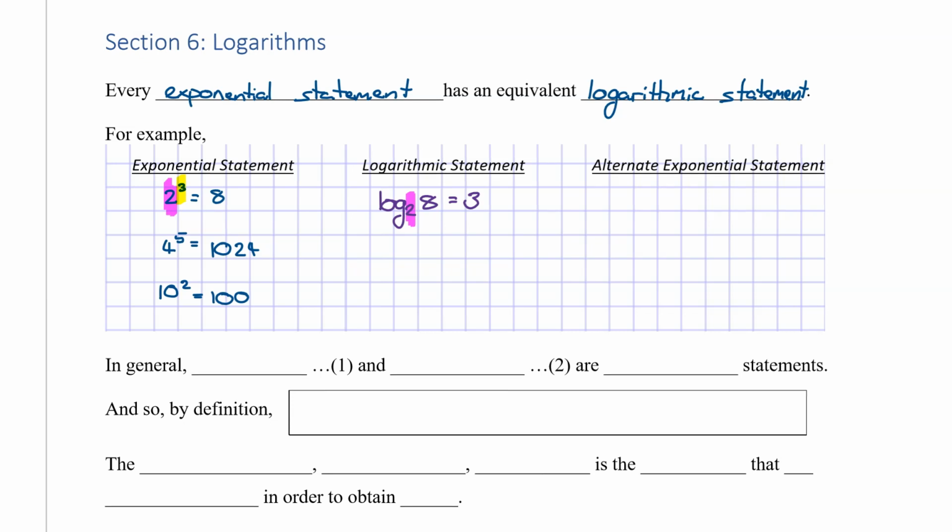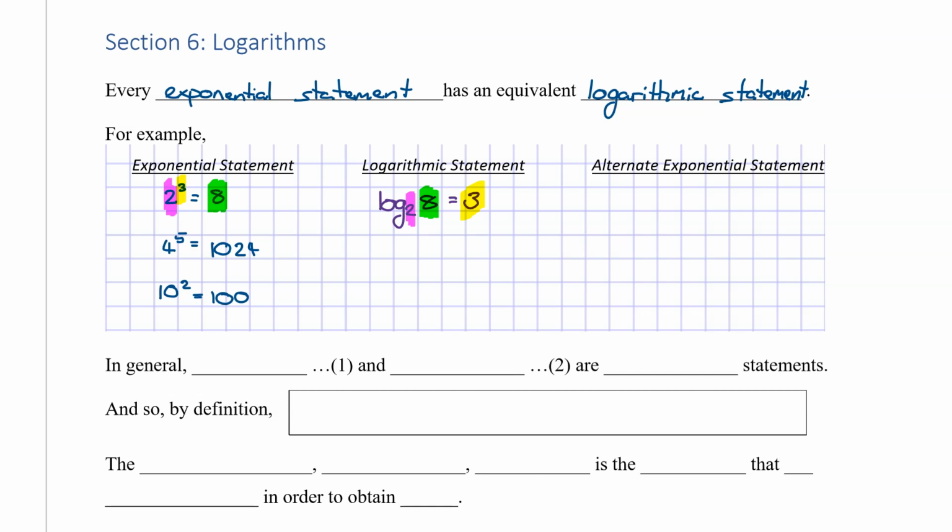This power, or exponent, or index, is now the result of the logarithm. And finally, the right-hand side of the exponential is what's been applied in the log base 2. So notice the differences and similarities between exponential statements and logarithmic statements.